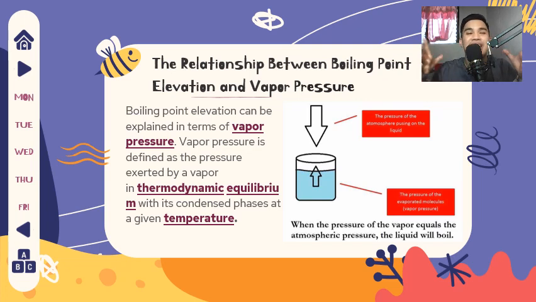But in layman's terms, it is simply a measure of the tendency of the solution molecules to escape by entering the gas phase. So a liquid boils when its vapor pressure is equal to the air pressure.